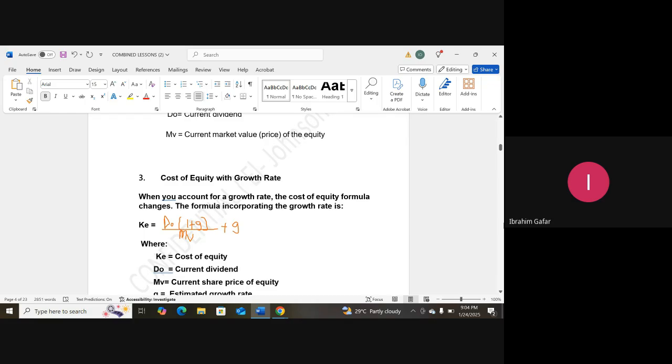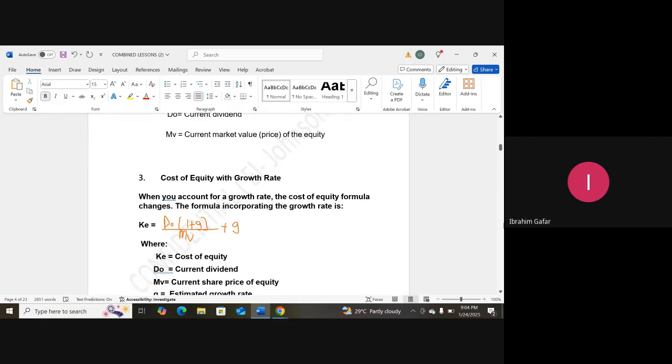Then the market value given to you is in terms of cum div. If the examiner tells you the dividend is due for payment, it means it has not been paid.